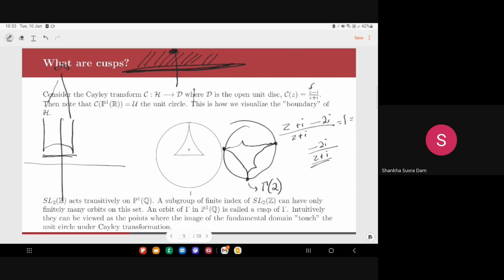Basically, you take this map, and the kernel of this map is gamma n, where each entry we're taking modulo n, capital N. So that would give me gamma 2. Okay.